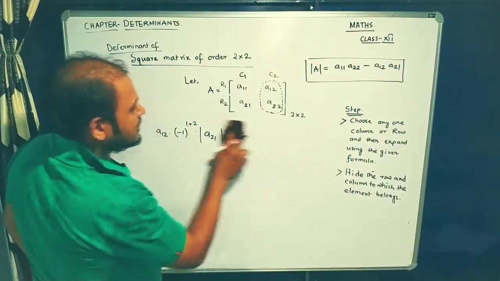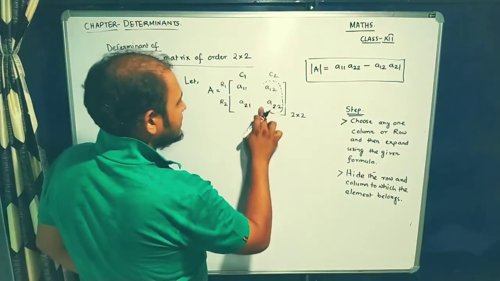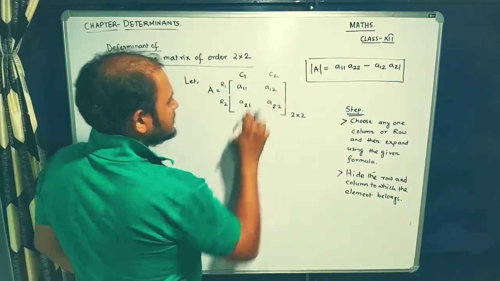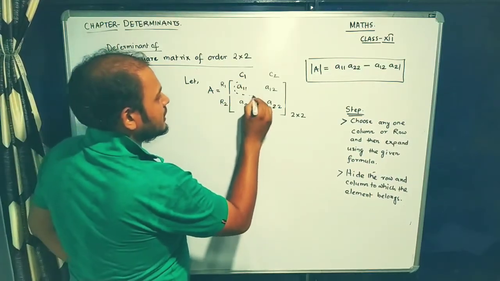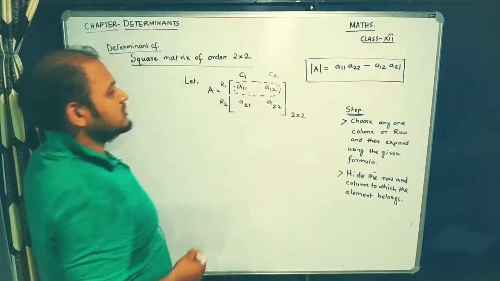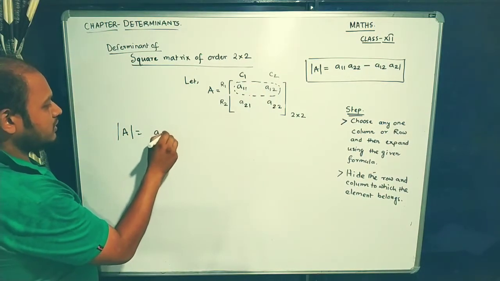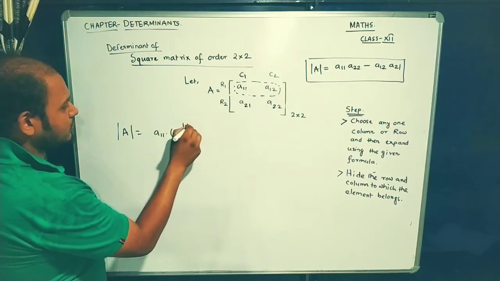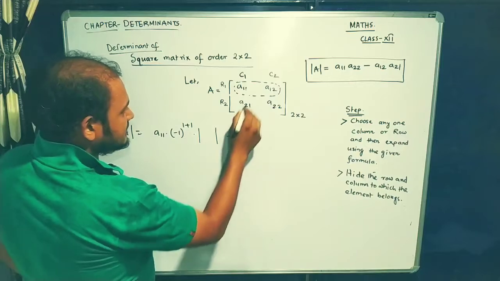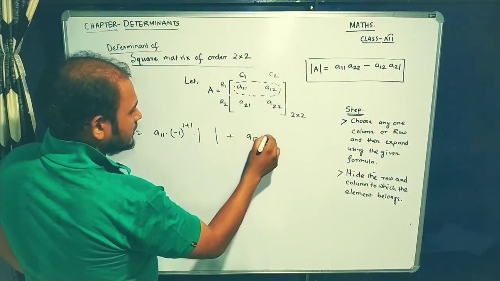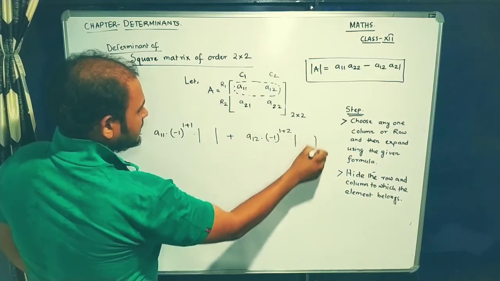Now let us see how to remember these signs. If we select the first row, we see that the determinant of A is equal to A11 into -1 to the power 1 plus 1, then some determinant, plus A12 into -1 to the power 1 plus 2, then some determinant.